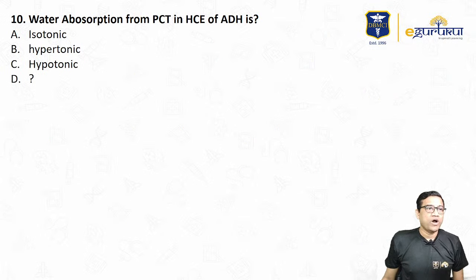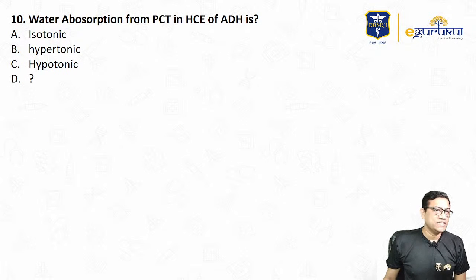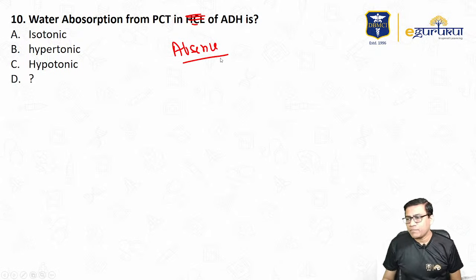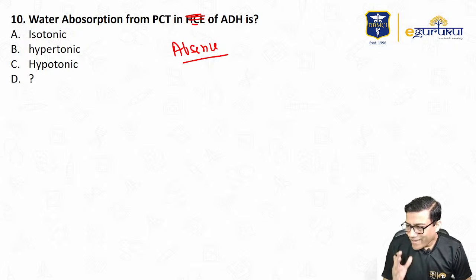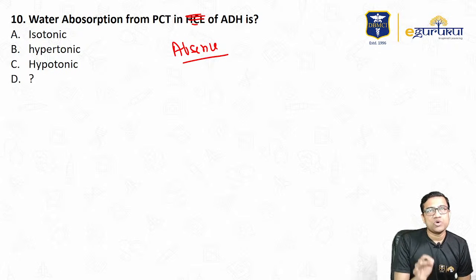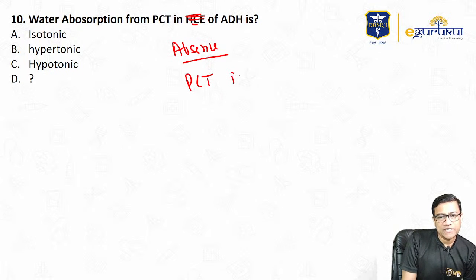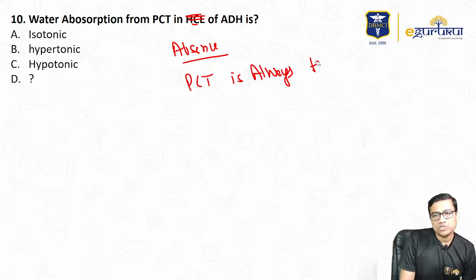Okay. Water absorption from the PCT, in the absence of ADH. So first remember the rule I will tell you: PCT is always isotonic. Remember the rule. You can check the notes also, PCT is always isotonic. Why?